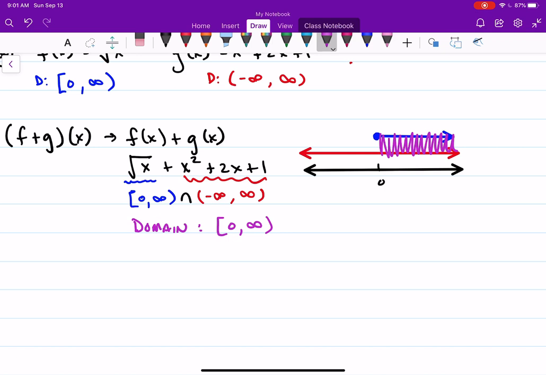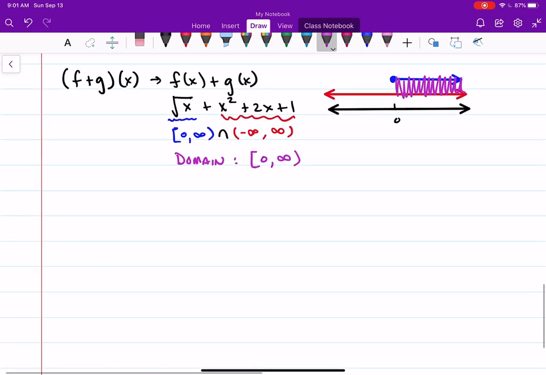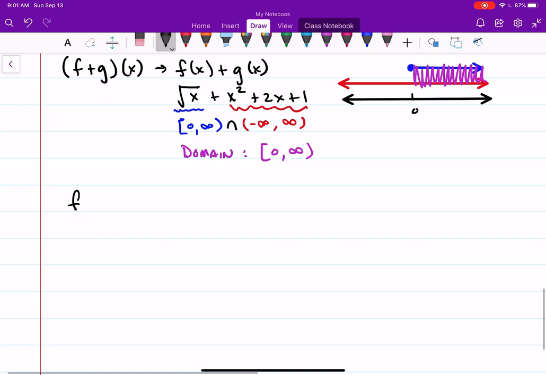Let's do, let me see here, let's do if this was a division. Okay. So let's say I have f divided by g of x. Well, that's going to be f of x divided by g of x.